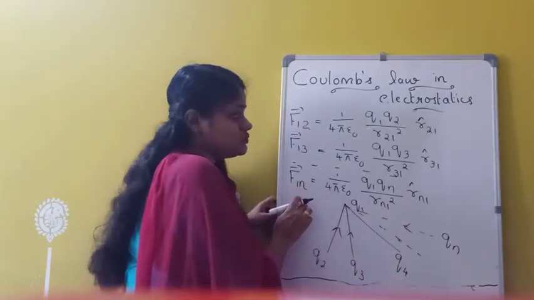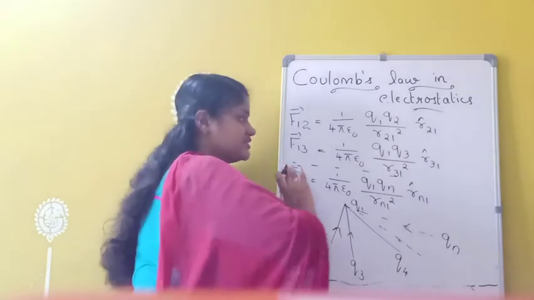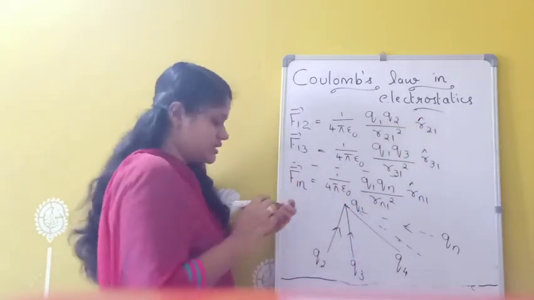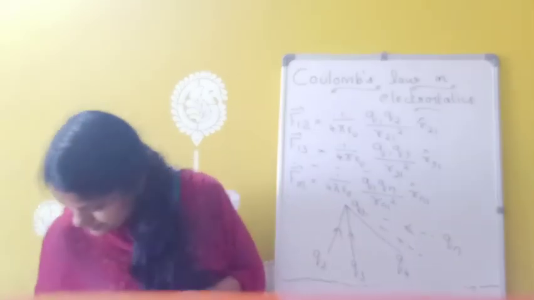Okay. So according to the superposition principle, what we have to do? We have to take the vector sum of all these forces. Clear? So next I am taking the vector sum.